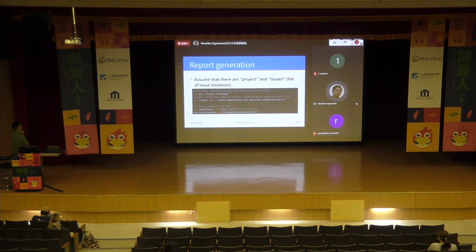So assume that there are project and issues variables. Both are instances of the previous classes. For example, at first, generate the title page and put it into the doc, then iterate over every item in the issues, then we create each detail page, add it to the document and save it.